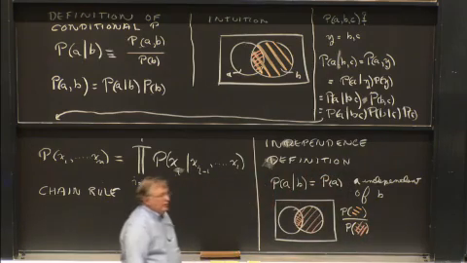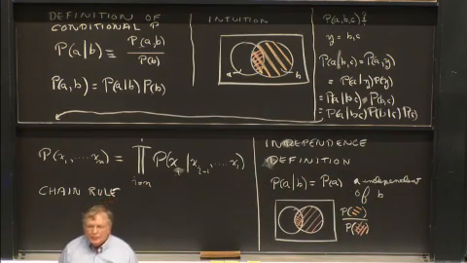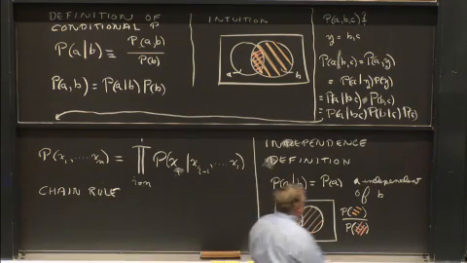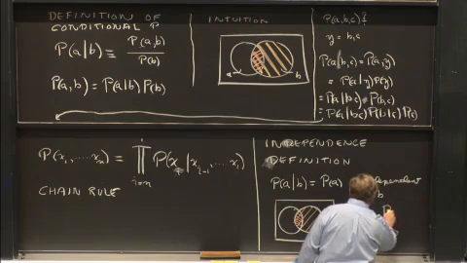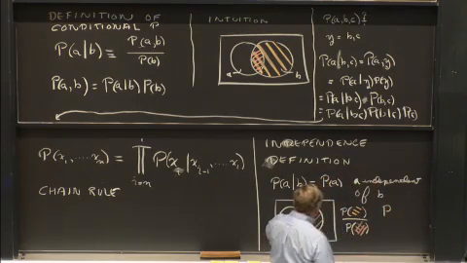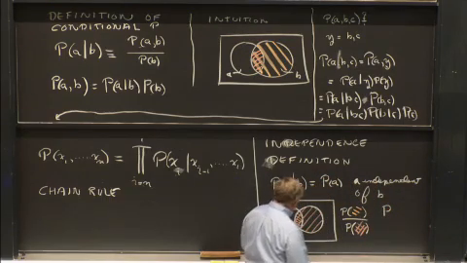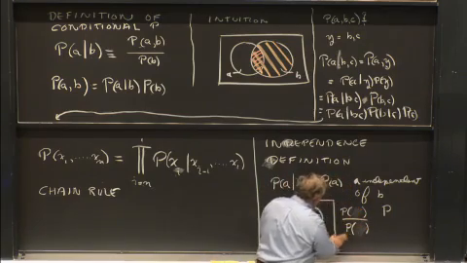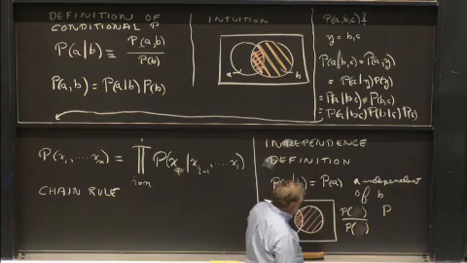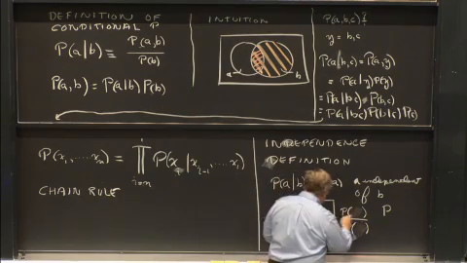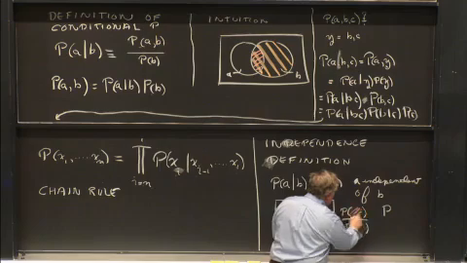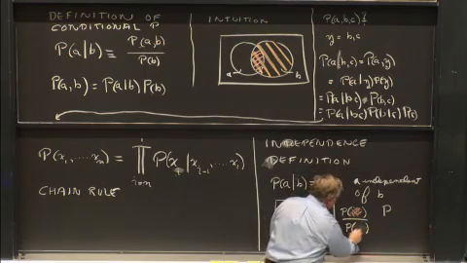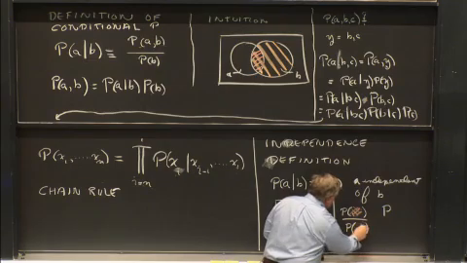So what's the probability of A in terms of these areas? Well, let's see if I got this right, I got this upside down. The probability of A given B is the probability of the stuff in the intersection, so that's both ways, divided by the probability of the stuff in B, which is going this way.